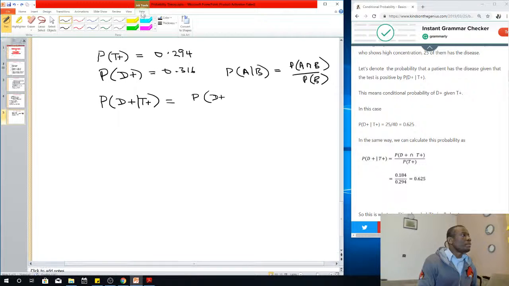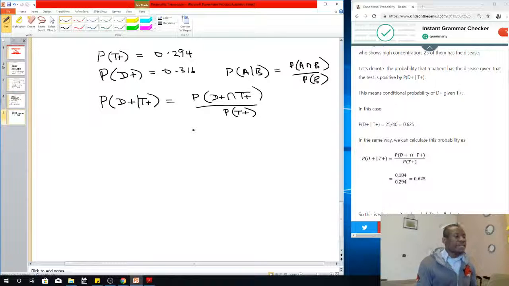I want you to pay attention to what I'm writing because this is very important. So probability of D plus given T plus is probability of D plus intersection T plus all over the probability of T plus.